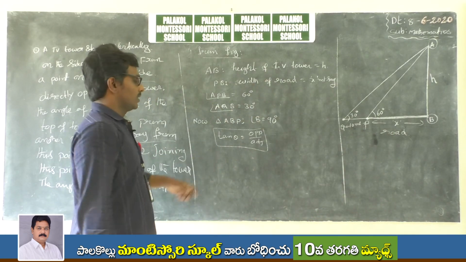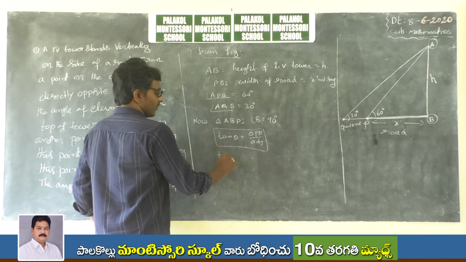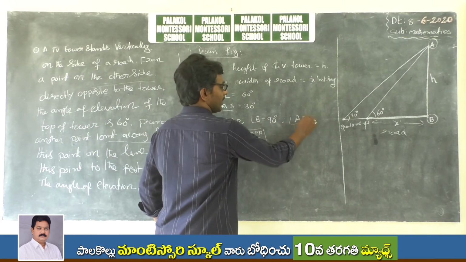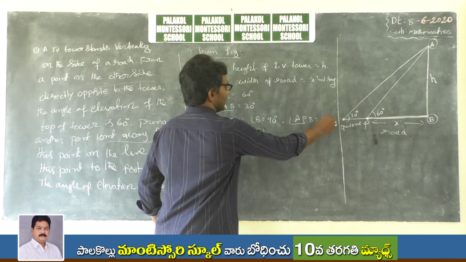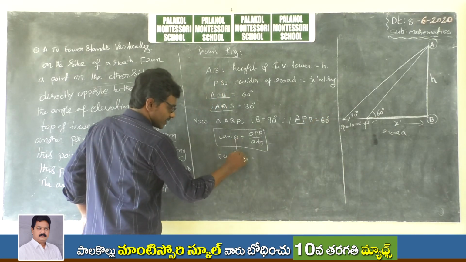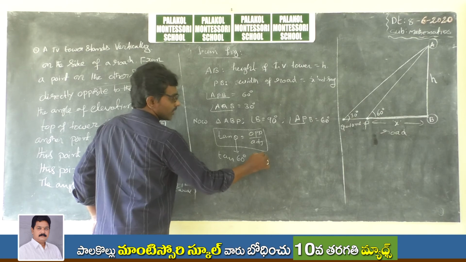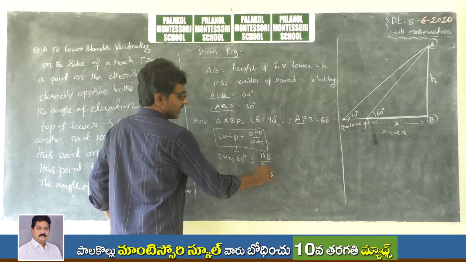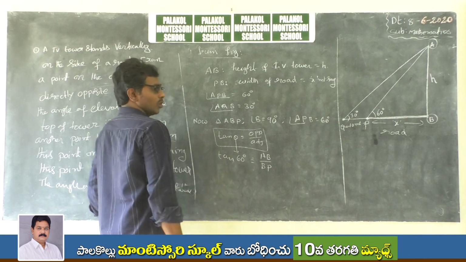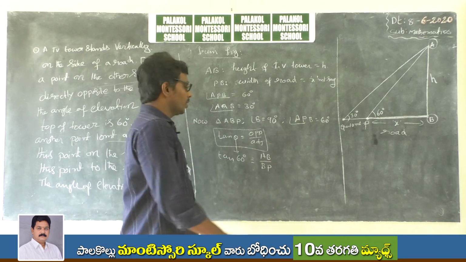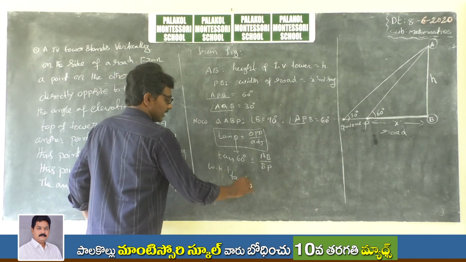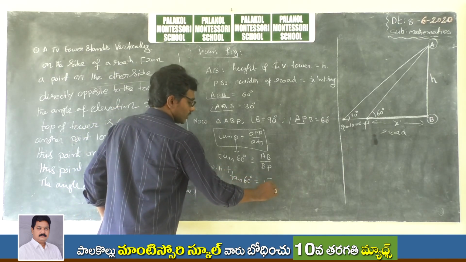Is it clear? So in this case, angle APB is equal to 60 degrees, that's why I write 60 degrees here. The opposite side is AB, the adjacent side is PB. You know that tan 60 degrees is equal to root 3.